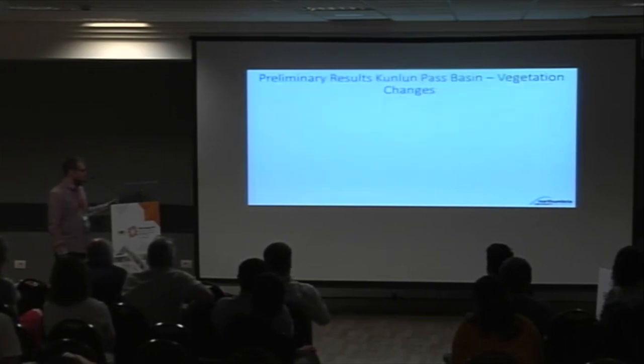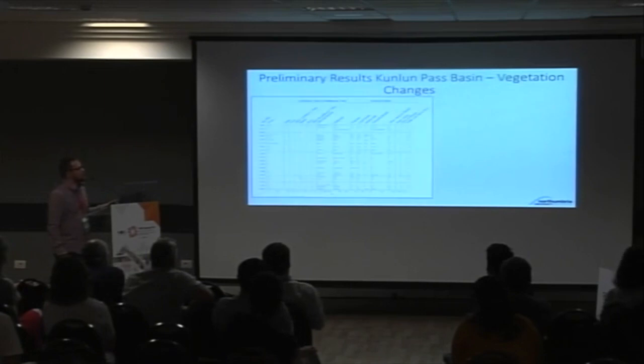For the preliminary results of the Kunlun Pass Basin, first of all, I should mention that the age is a bit different. The record is from 3.24 to 3.06 million years, but the diagram is organized in the same way as the previous one.